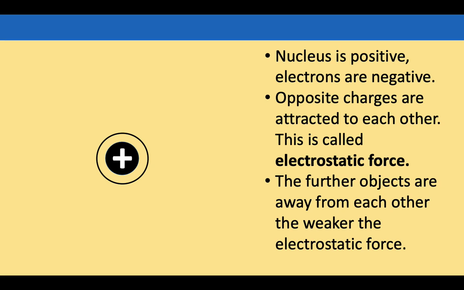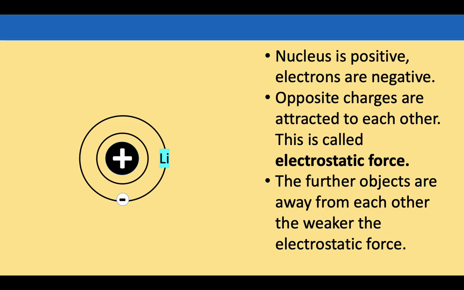So I've got my positive nucleus there, and I've got my first inner shell of electrons. Now I want you to imagine that shell is full. So I'm going to add my next shell, and I'm going to put one electron on it. So that's lithium. Okay, so lithium's outer shell electron is there. You can see it's a little distance away from the nucleus.